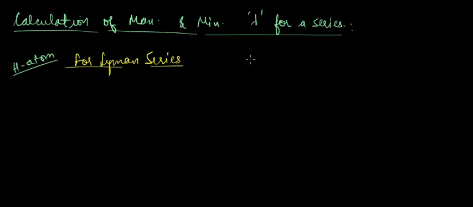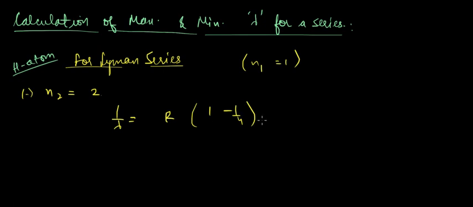For the Lyman series we'll be using n1 as 1. So when n1 equals 1 and n2 equals 2, the formula is 1 upon lambda equals R Z square, times 1 upon n1 square minus 1 upon n2 square.